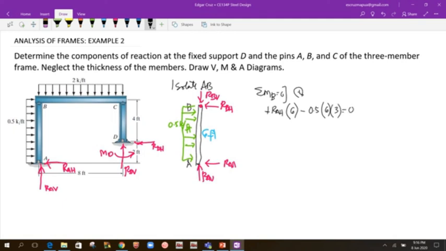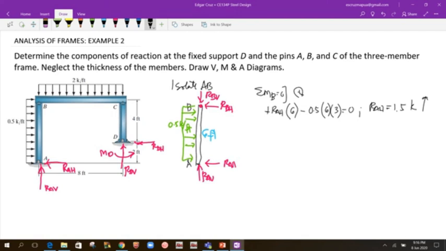Everything is equal to 0. If I compute for that, 0.5 times 6 times 3 divided by 6, that would be 1.5. So from here I could say that RAH is 1.5 kips, and that is positive, so that means the direction assumed is correct.